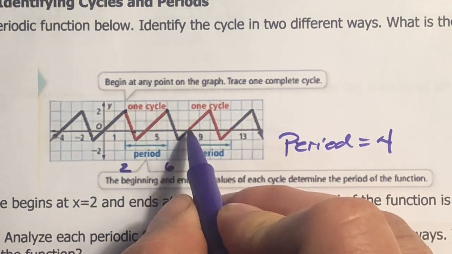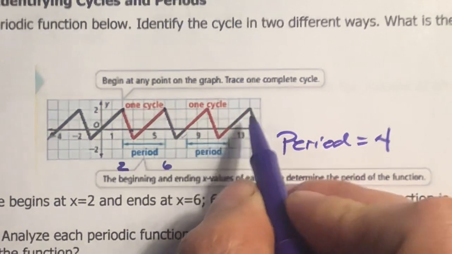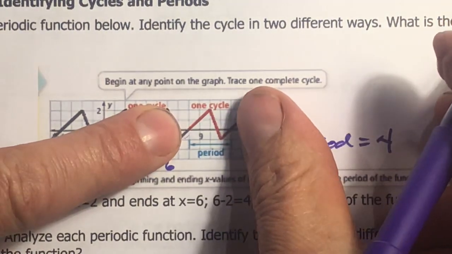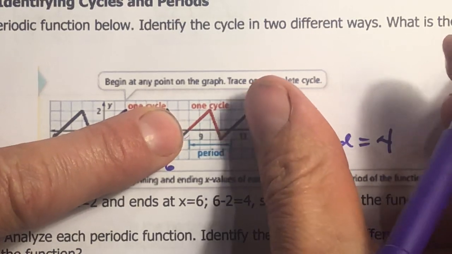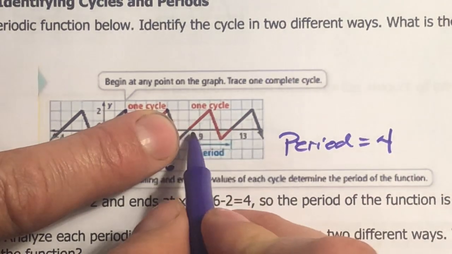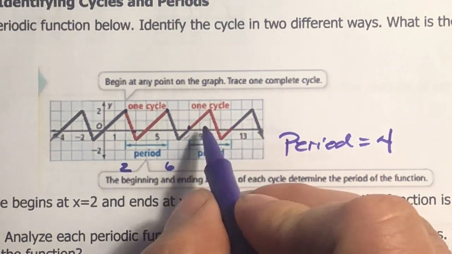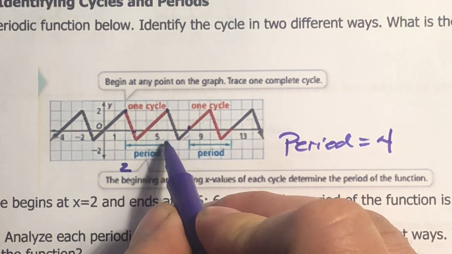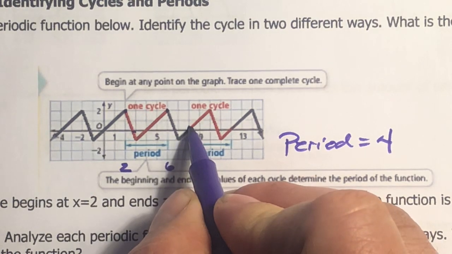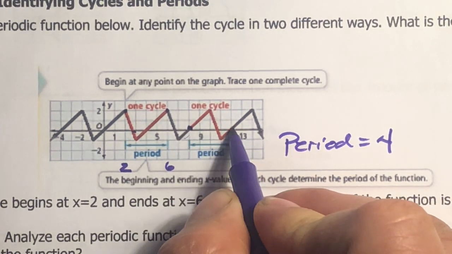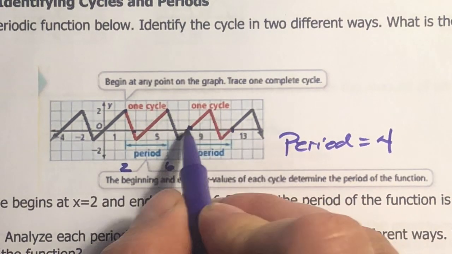If we went over here and looked at this one, this is another way to represent a cycle. I could start here. This one starts, I believe, at 8 and ends at 12. Once again, 12 minus 8 is 4.